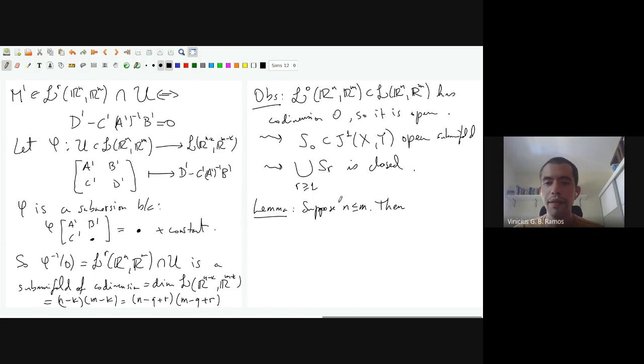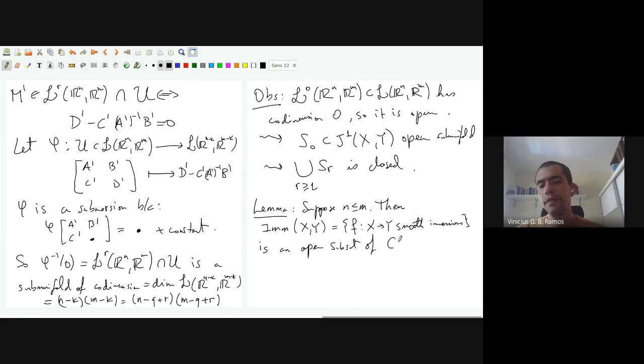Then the set of immersions, so this is the set of smooth immersions F, is an open subset of C infinity.